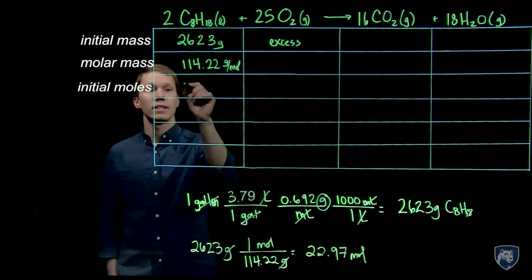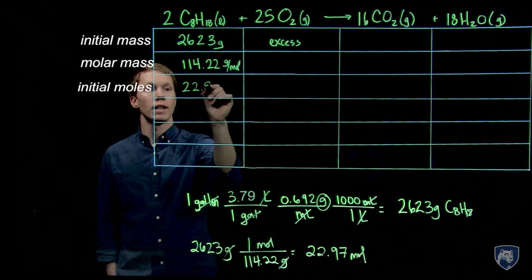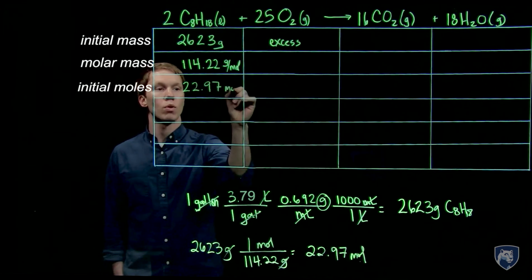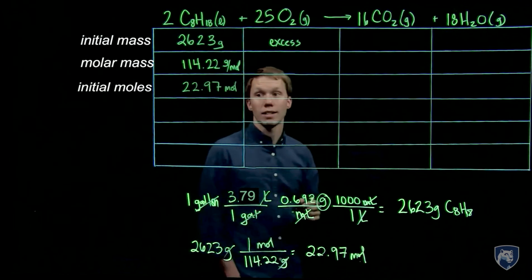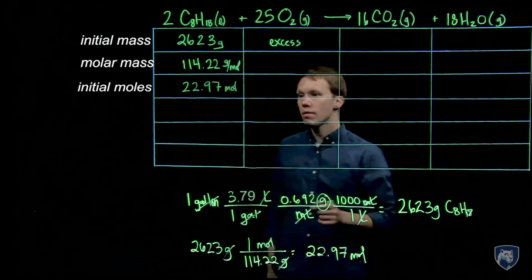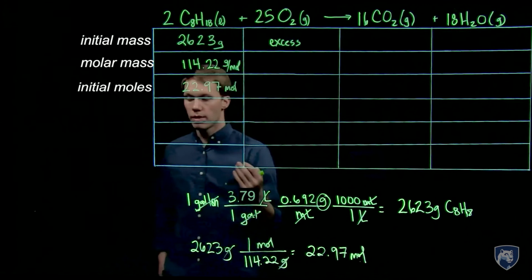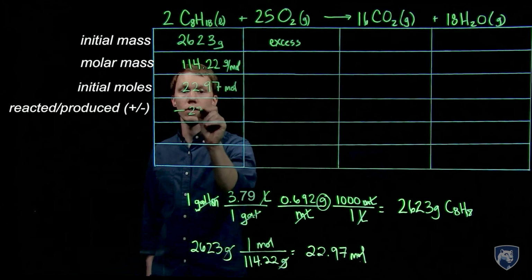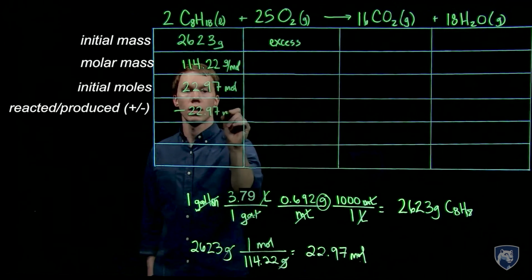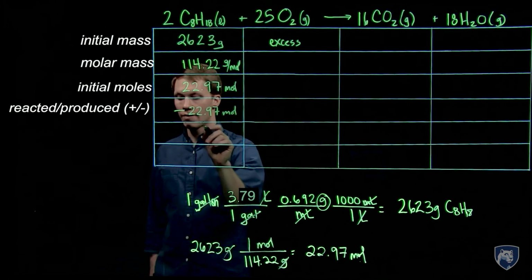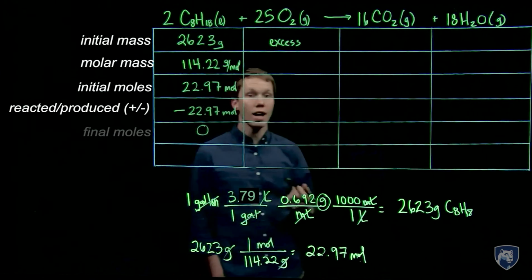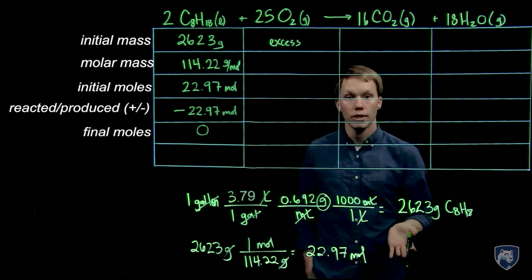And we would plug that in here, 22.97 moles of octane. And so then we would say, well, if all of this is going to be burned, all of this is going to be consumed, and we would be left with 0 moles of octane at the end of my chemical reaction.